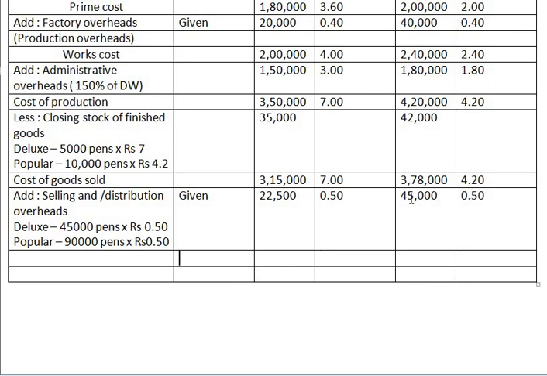Okay, now find out cost of sales, or it is also called total cost. Fine. Okay, now add this. 3,37,500.